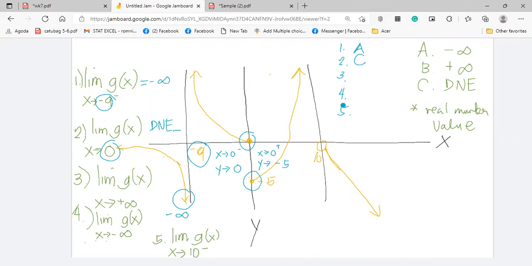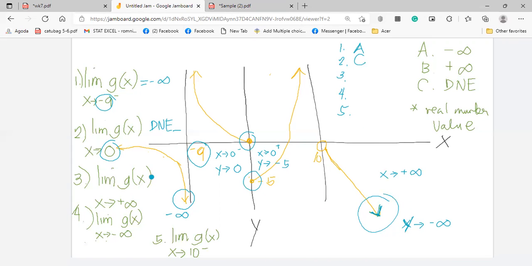Number 3, when x keeps on increasing, this is an indication. X keeps on increasing. O arrow, anong tinuturo ng arrow? Taas o baba? Diba baba? So y keeps on decreasing. Ang arrow na tinuturo niya ang baba, negative infinity. Ang arrow na tinuturo niya ang taas, positive infinity. Literal.